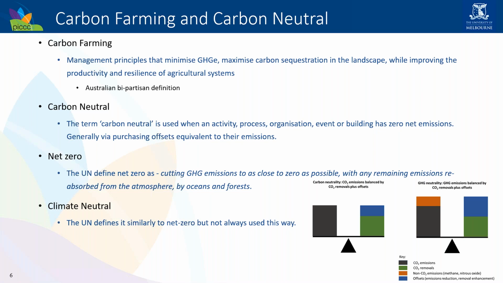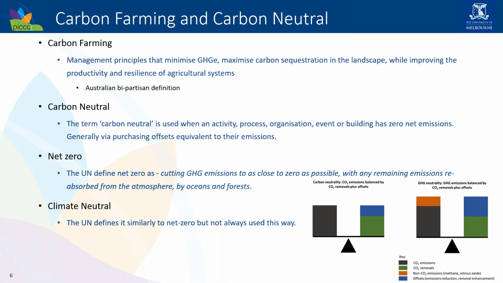So carbon farming isn't necessarily a word we use globally or internationally. It's something that Australia has almost adopted and defined, and it's the basis for things like the ACCU scheme to allow those management principles of minimising greenhouse gas emissions and maximising carbon sequestration to be rewarded.